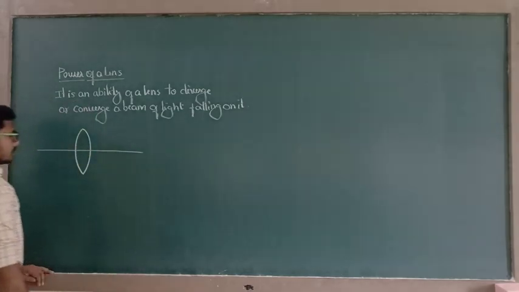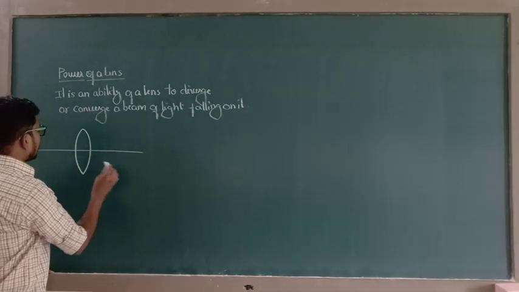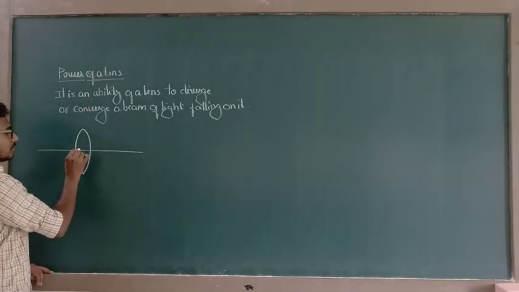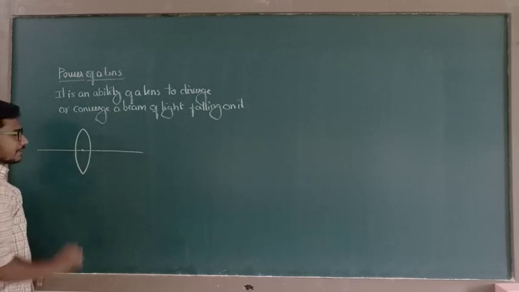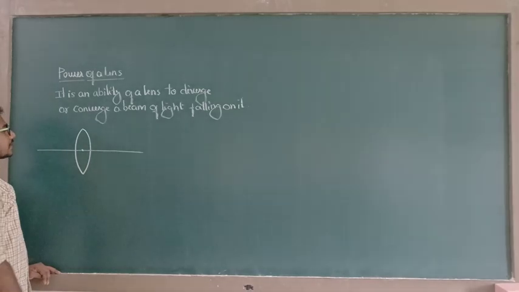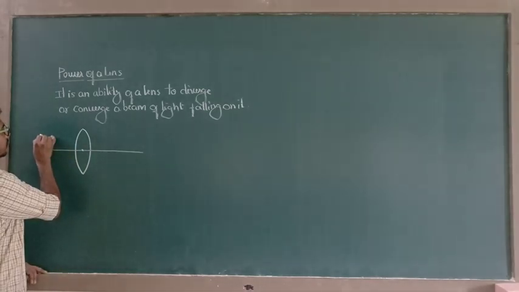Principal axis, the segment passing through center of curvature and optical center. Let us say this point is the optical center. So let us consider a light ray which is parallel to the principal axis.